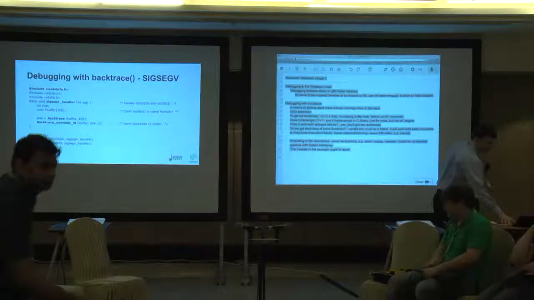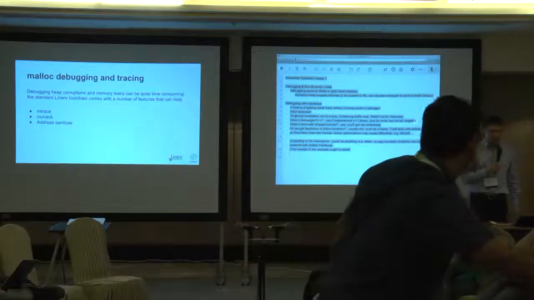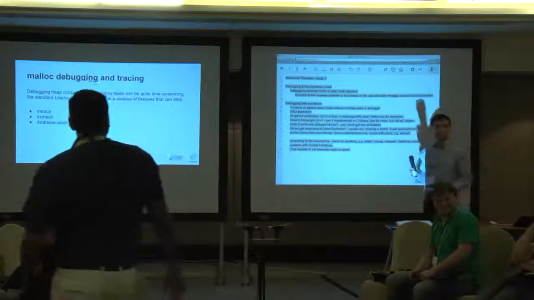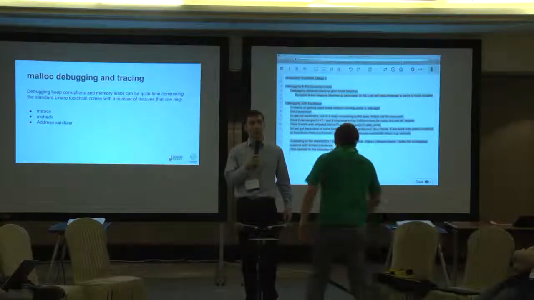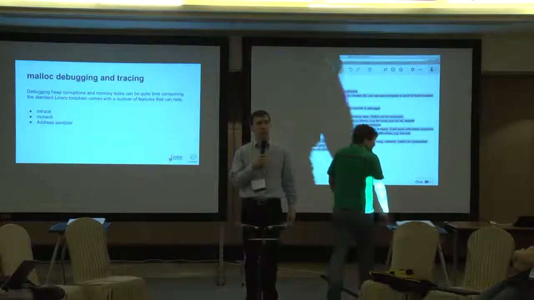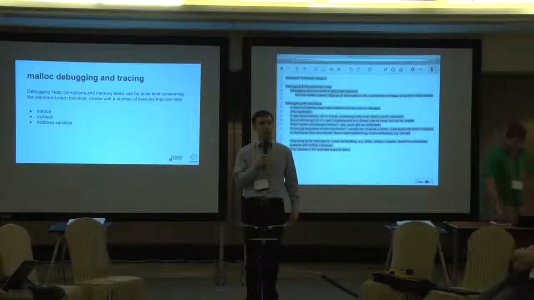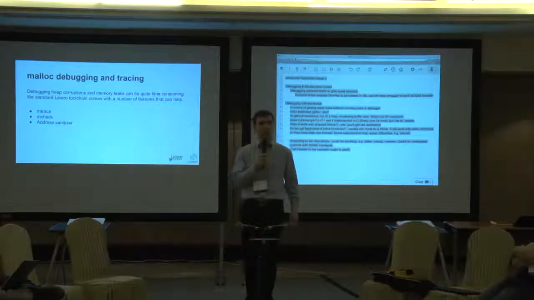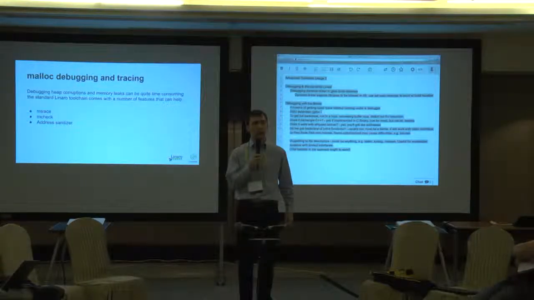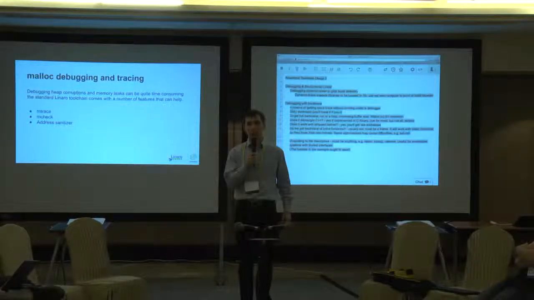A couple of questions and comments here. Next one, malloc debugging and tracing. That's a question. Yeah, Maxim. Don't you think the last example is not very reliable? If you crash with a segv, how do you know that your file tables are not corrupted? When you try to write through this stuff, you can get a secondary crash in the signal handler, and that would be quite nasty.